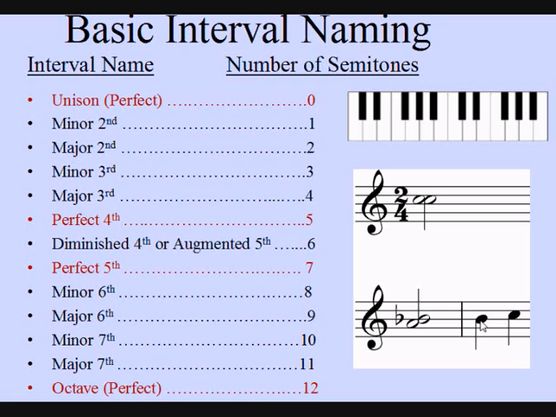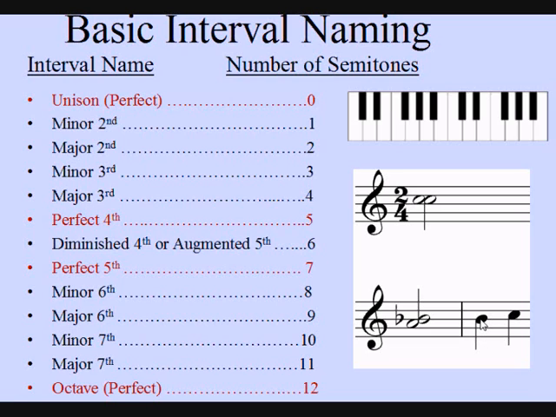If we look at this one here, from the staff counting point of view, we count 1, 2. This is also a second. Let's look at that from the semitone point of view.